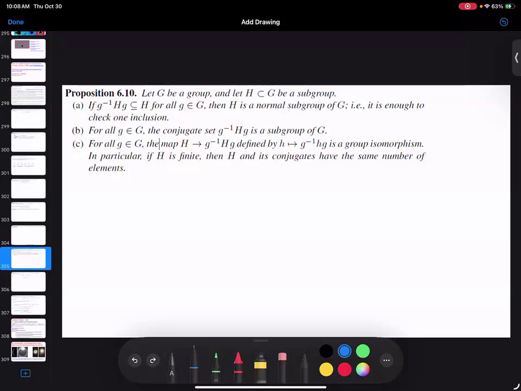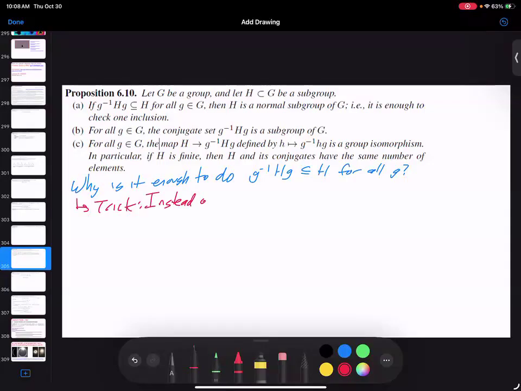So why is it enough to do G inverse HG is contained in H for all G? This is a really nice trick. Instead of G, take G inverse.